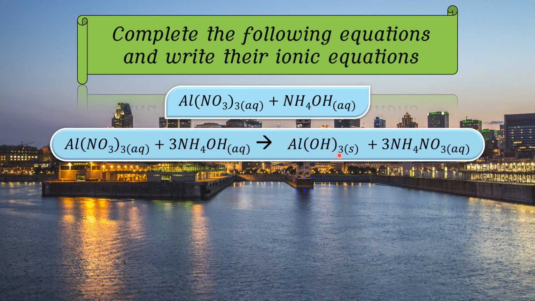Solids, liquids, and gases cannot give us ions. Only aqueous solutions can give us ions. And ammonium nitrate will also give us ions. So we want to write the ionic equation, but first of all, we have to break down all the aqueous solutions and get the ions that are in them.